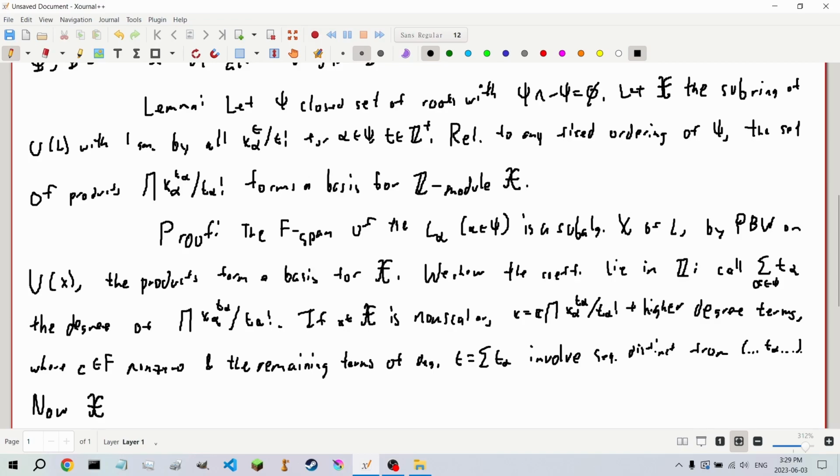And our fancy X acts via the adjoint representation on L tensored with itself t copies.